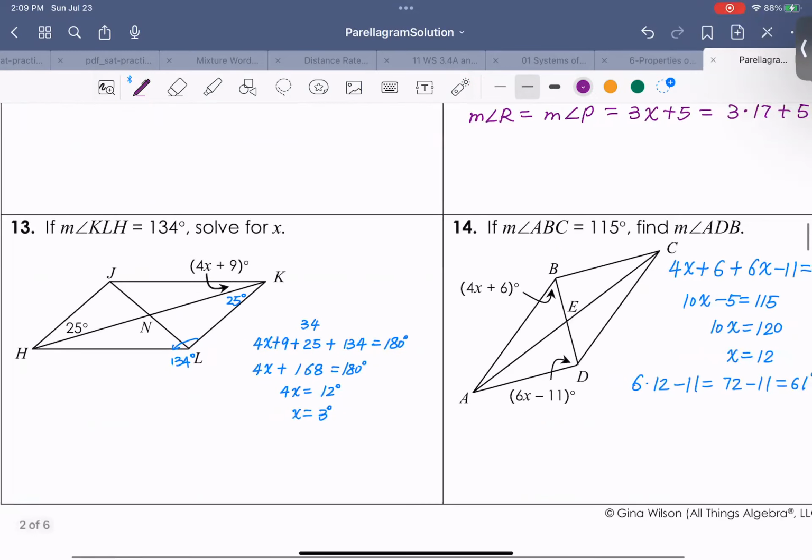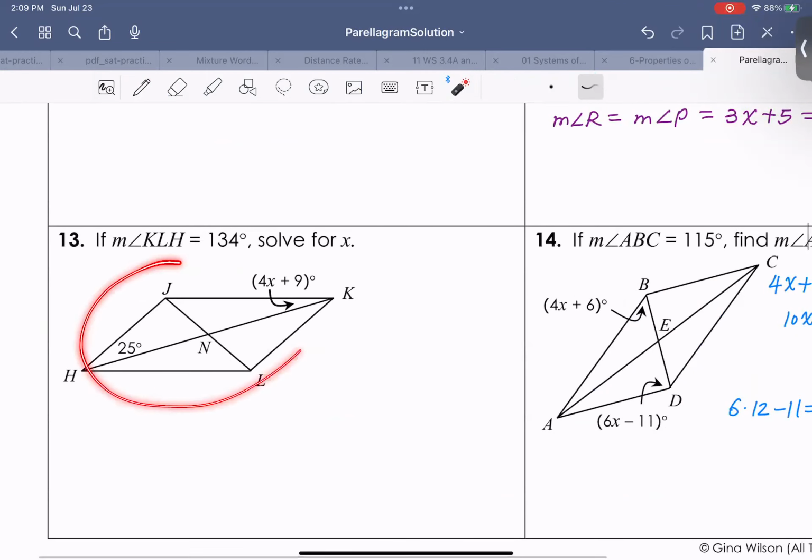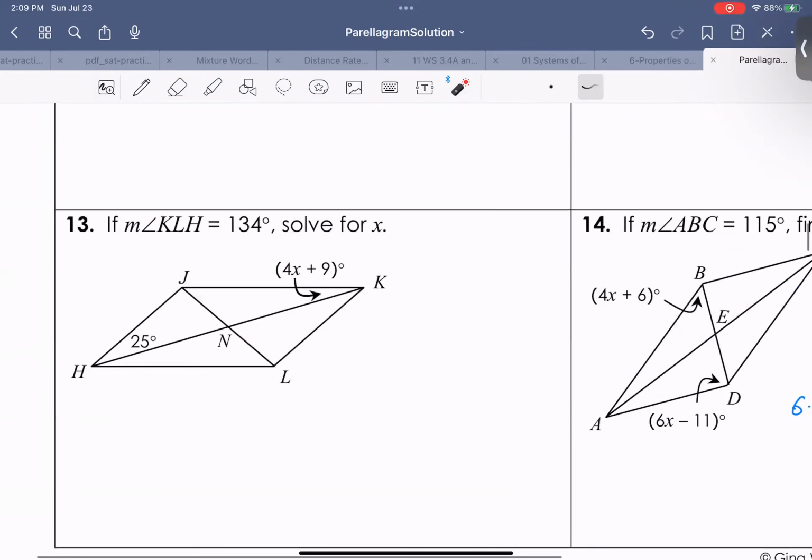Next one. Let's see, Timothy. Look at this. It's 4x plus 9. Hold on. KLH is right here, which is 134. And the given here is 4x plus 9. If this is 4x plus 9 here, this is 25.